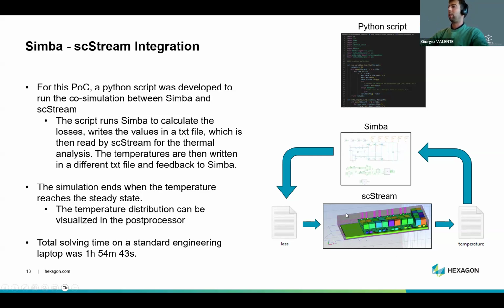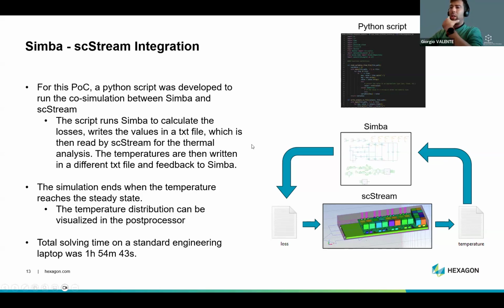SIStream calculates the temperatures on the 6 devices and writes them to another TXT file, which is then read back and fed back into SIMBA. This process goes on until we reach convergence and the temperature reaches steady state. So we are solving a steady state thermal simulation here.